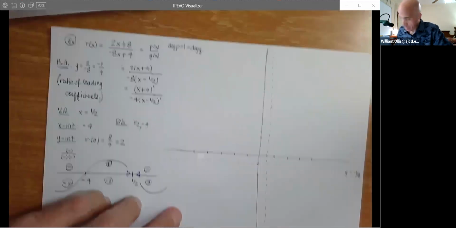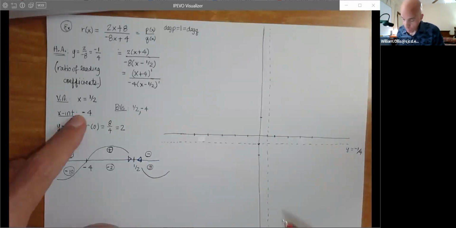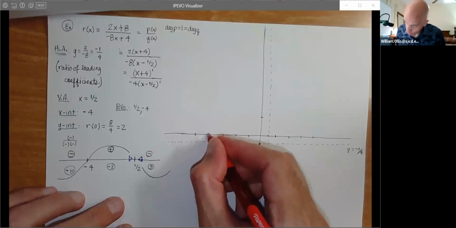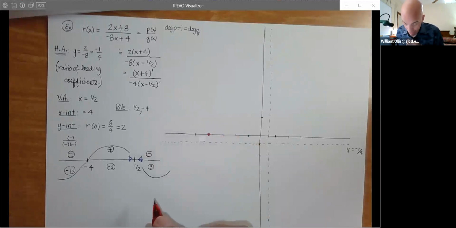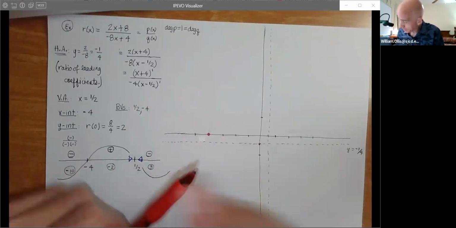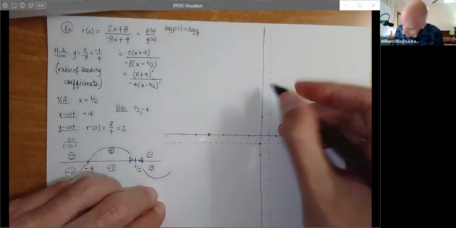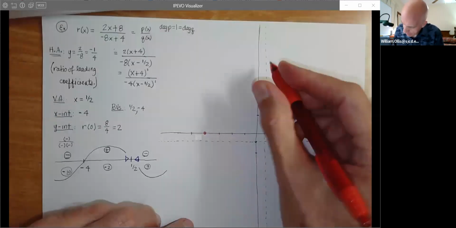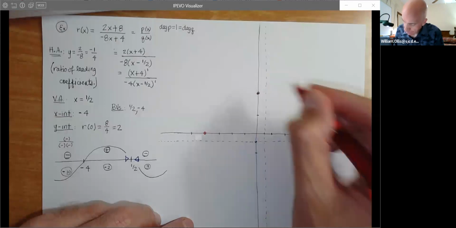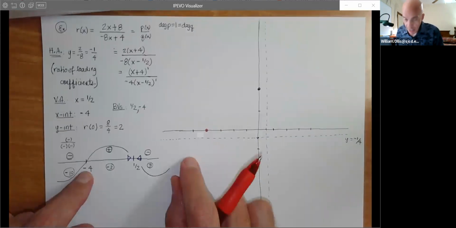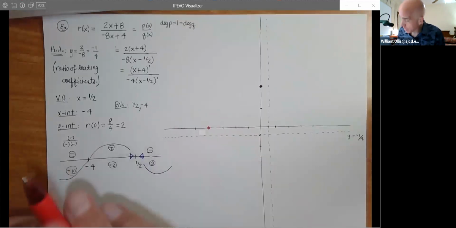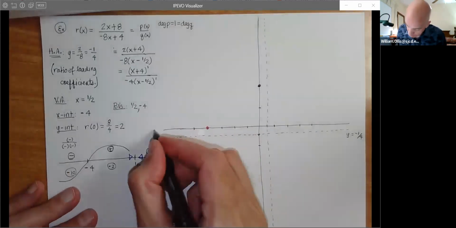And now we can fill in our intercepts. So we've got 1, 2, 3, 4, right there, negative 4. And then we have the y-intercept of 2. Now, what we're noticing here is to the left of negative 4, we're below the x-axis, but we have to hug the asymptote.